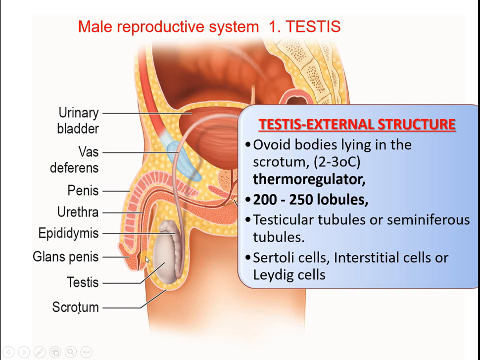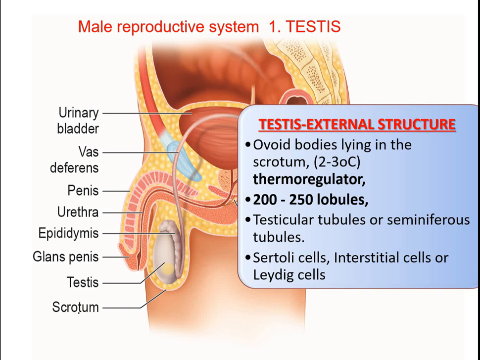You know very well the scrotal sac is kept outside the body because the sperm should be kept at least 2 to 3 degrees Celsius lower than the body temperature, so this acts as a thermoregulator. When you see the structure of the testes, you can find 200 to 250 lobules inside. And inside the tubules, you can find the seminiferous tubule, Sertoli cells, and interstitial cells, or Leydig cells.